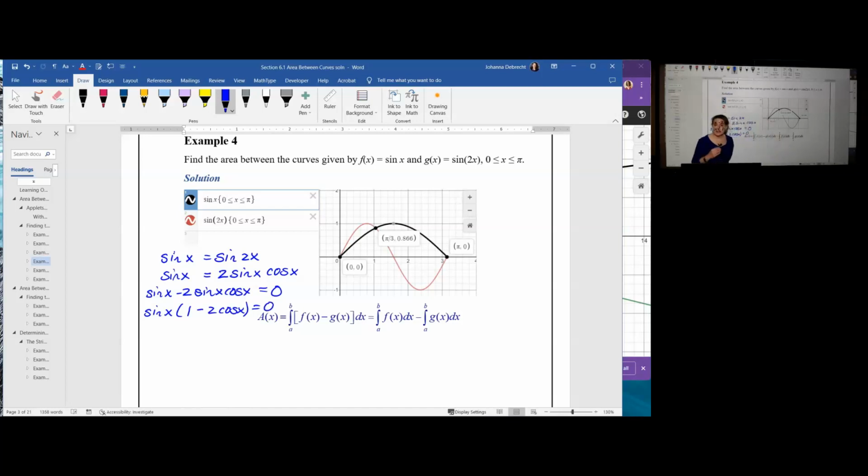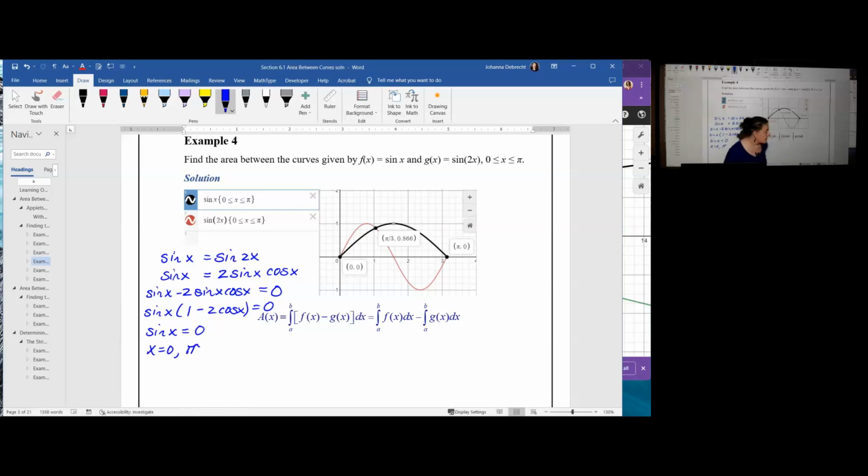Now I can set this up to solve. I need to know when sine of x is equal to 0 and 1 minus 2 cosine x is equal to 0. When I think about the interval from 0 to pi, I know that the sine is 0 at both 0 and pi. I can go ahead and write those solutions down now.